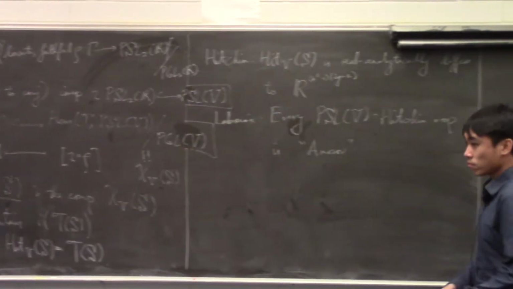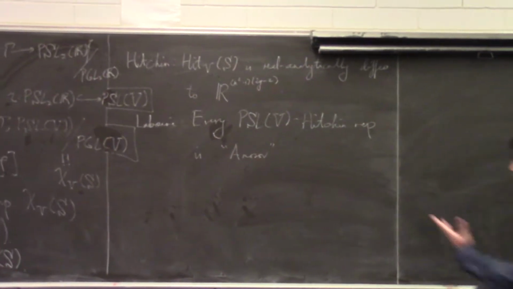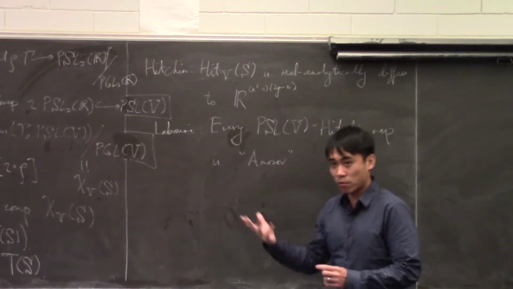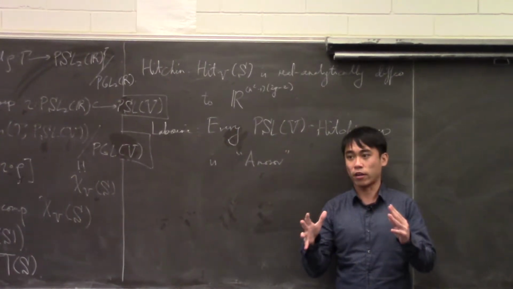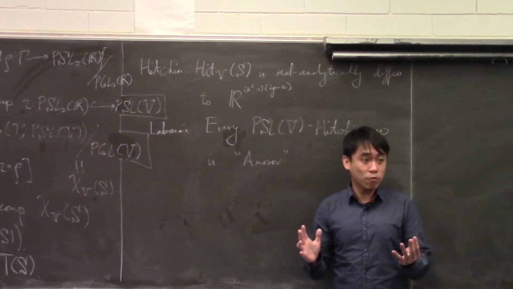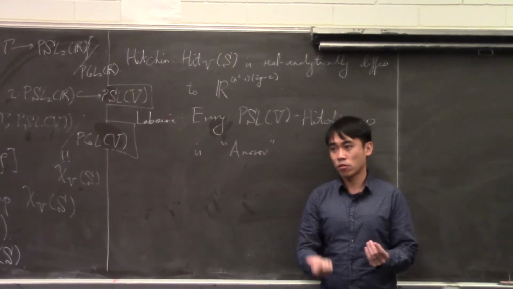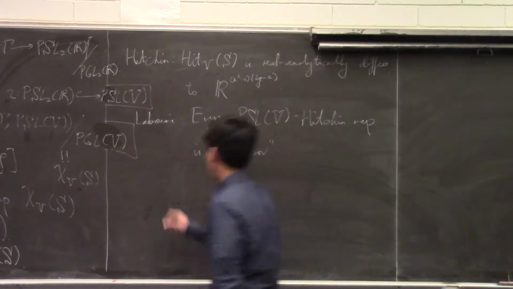Okay? So this is the PSLV Hitchin component. To summarize, this is a connected component of your character variety that consists only of smooth points, and every representation in there has very good geometric properties. So this is the space that we would like to study.